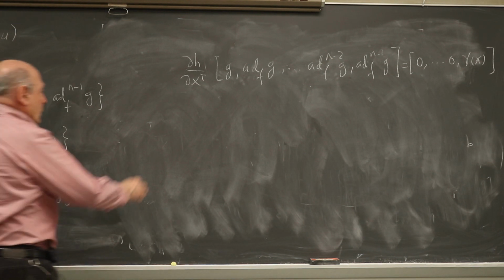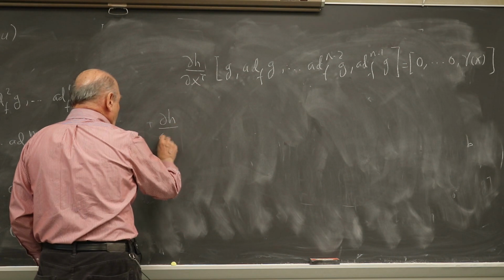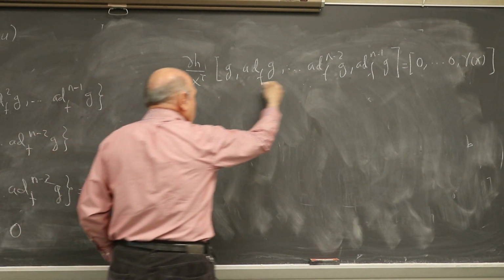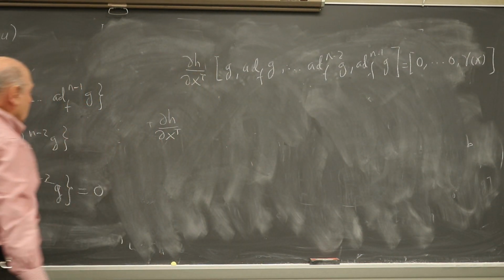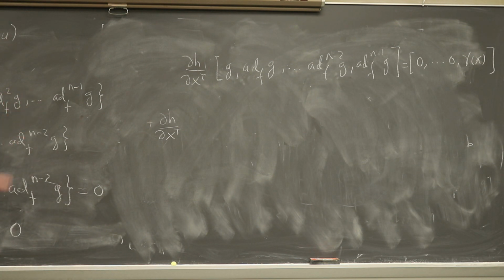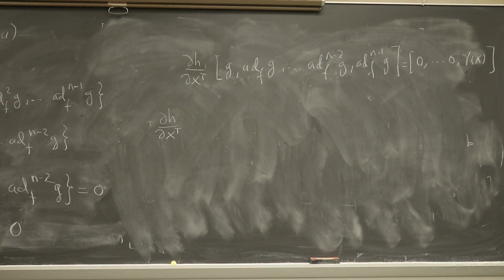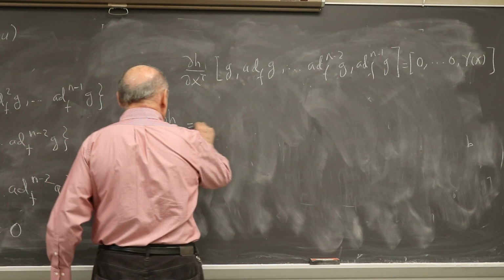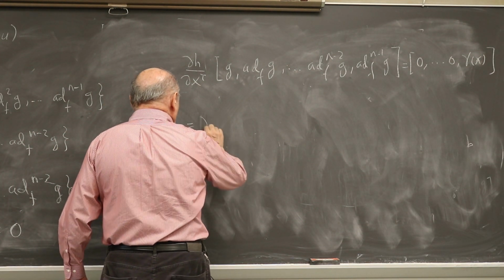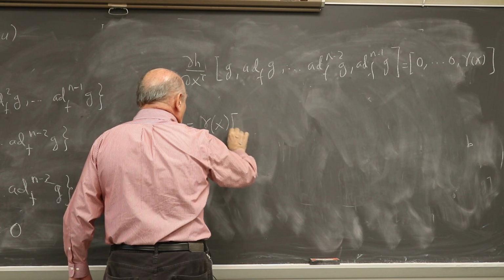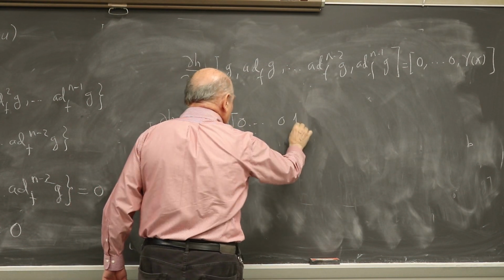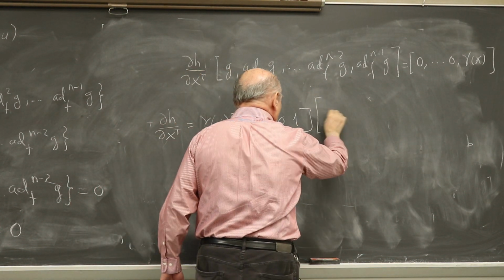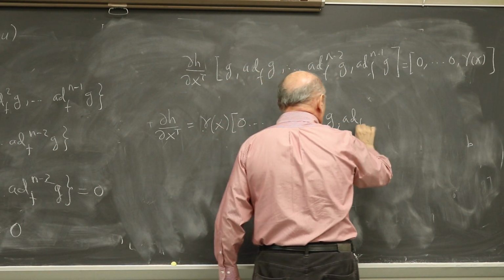So the gradient of h will be given, if this matrix is linearly independent, then certainly that collection of vectors is invertible around the operating point. So the gradient of h will be proportional to the last row of the inverse of the controllability matrix.